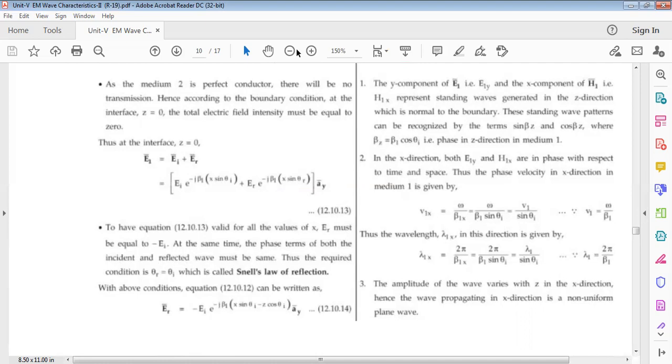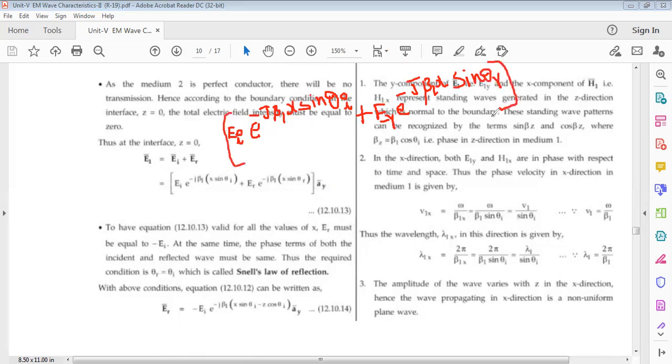Let us see here what they are saying. In these equations, at z is equal to 0, EI into e power minus j beta 1 x sine theta I plus ER into e power minus j beta 1 x sine theta r, whole multiplied with AY bar, is equal to 0 here.